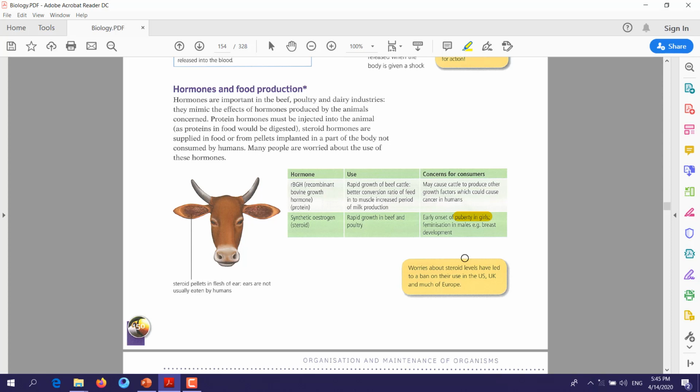So what will happen if, for example, girls become adults faster, and also it affects males. What will happen to males? For example, breast development. This is because of the hormones that are given to animals.